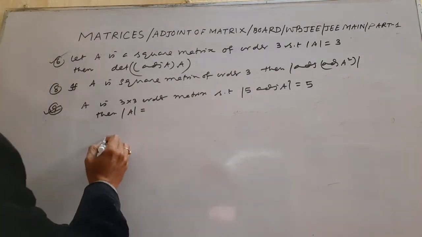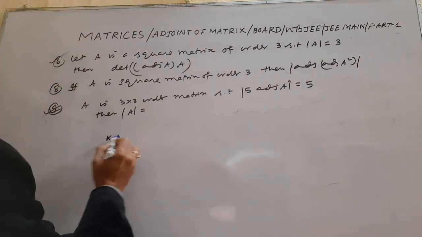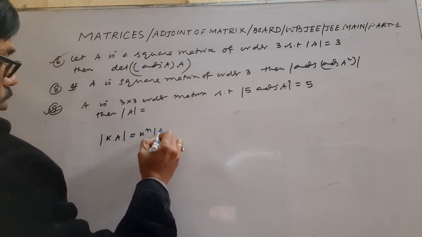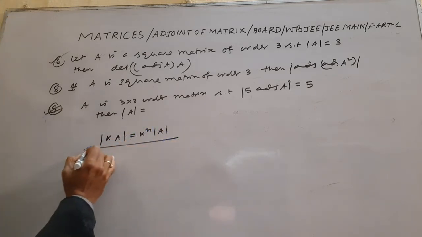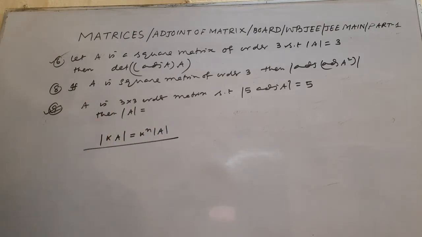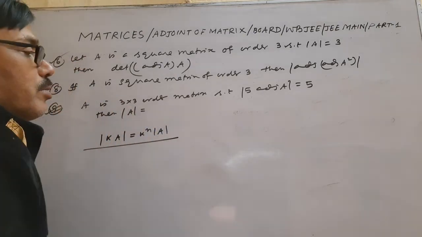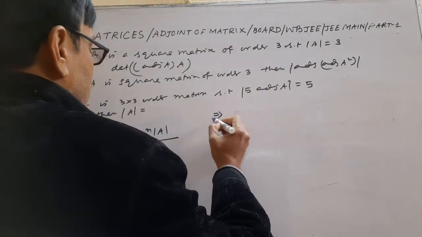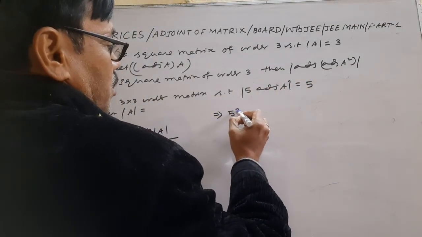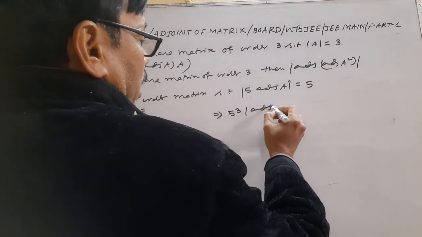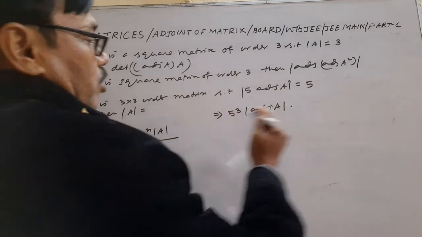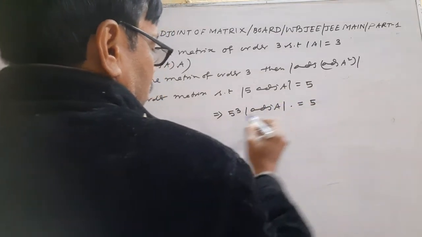So we use this theory. K is a constant, then this is K to the power n into determinant A, where A is n into n matrix. So adjoint of A is a matrix. So it is 3 into 3. So we can write it 5 cube into adjoint of A equals 5.